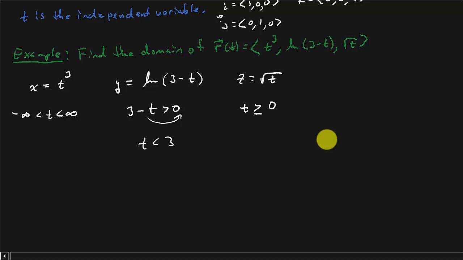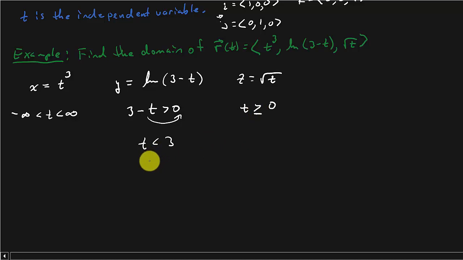Now, the domain has the numbers that we plug in. You don't look at it as satisfying each one individually. It has to satisfy all of them. So yes, for this one, t can be anything. But over here, it has to be greater than or equal to 0.